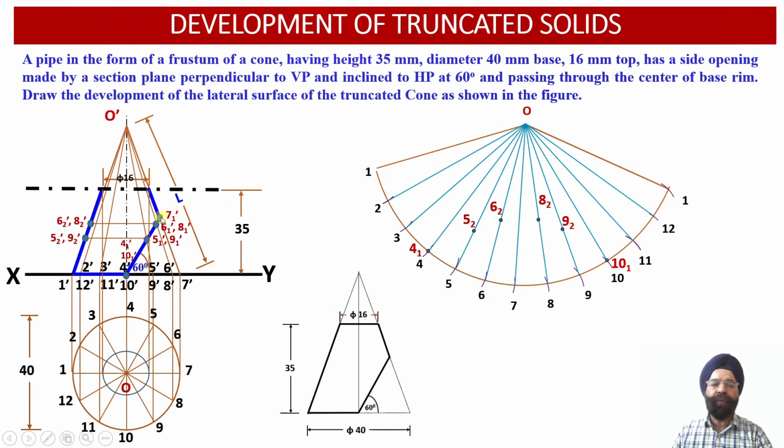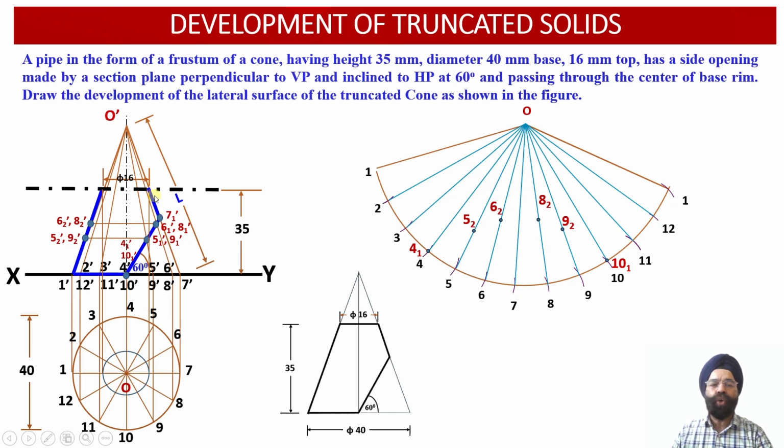Now the last point of intersection happens to be point 7-1 dash. Point 7-1 dash happens to lie on the slant generator O-7 dash, which happens to be true length. On this true length O-7 dash, the point of intersection of the cutting plane with this slant generator is 7-1 dash. Now this radius O-7-1 dash happens to be true length.